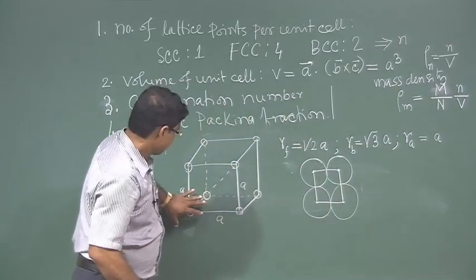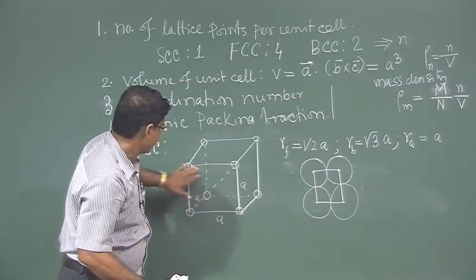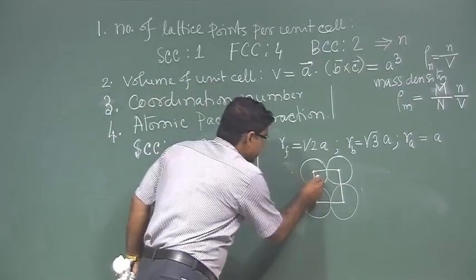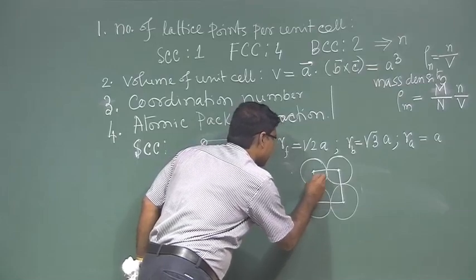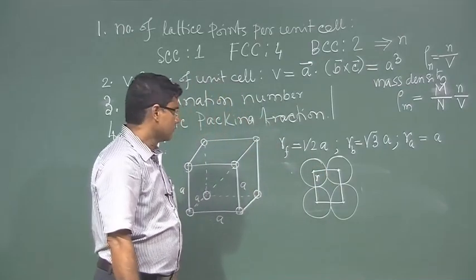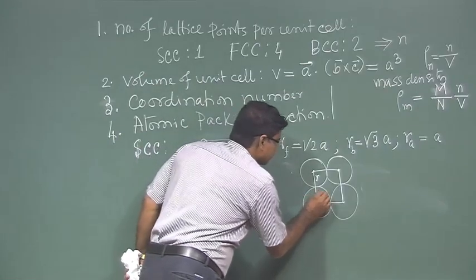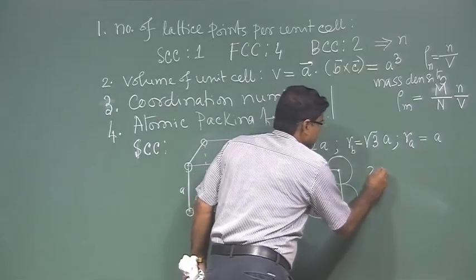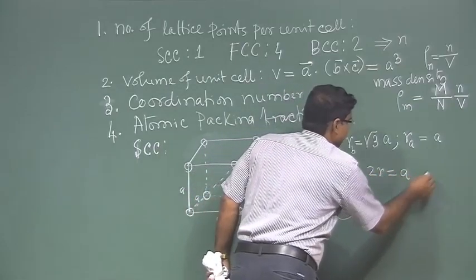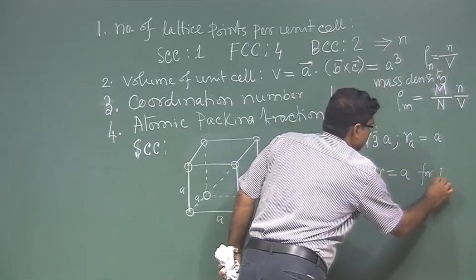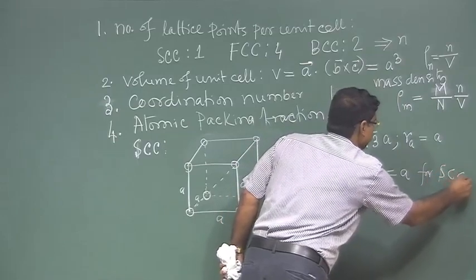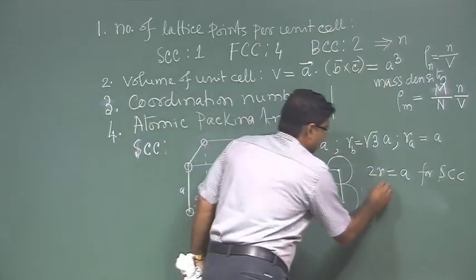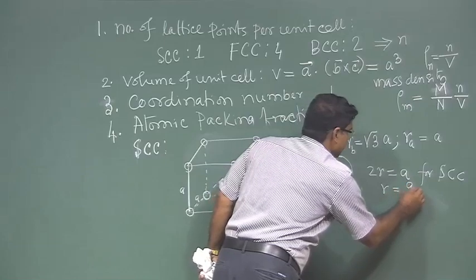On any face, if you consider these 4, they will touch each other. If the radius of the atom is r, then 2r will be equal to a for simple cubic, right, and r will be a by 2.